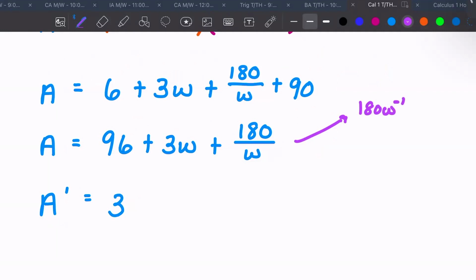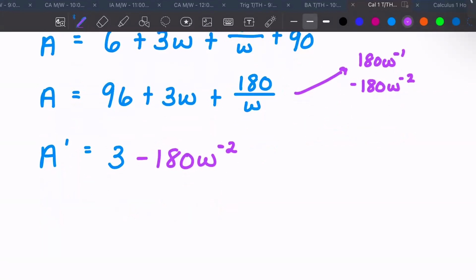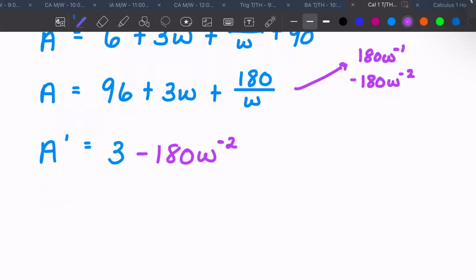So if we took the derivative of that, we would get negative 180 W to the negative second. Right? So we're going to write that in. Okay. I'm about to set this equal to 0 and solve. So I don't want a negative exponent there. So I'm going to move W to the negative second back down before I set it equal to 0.